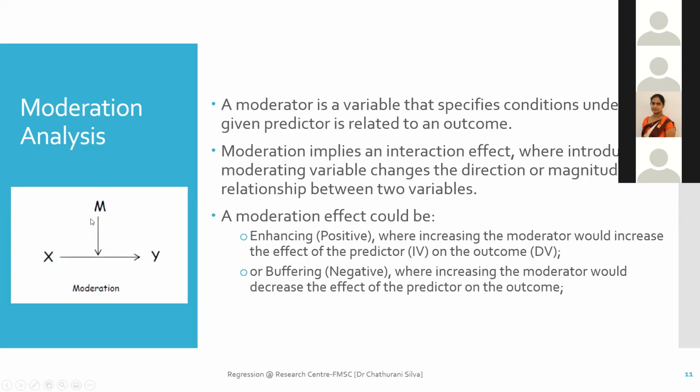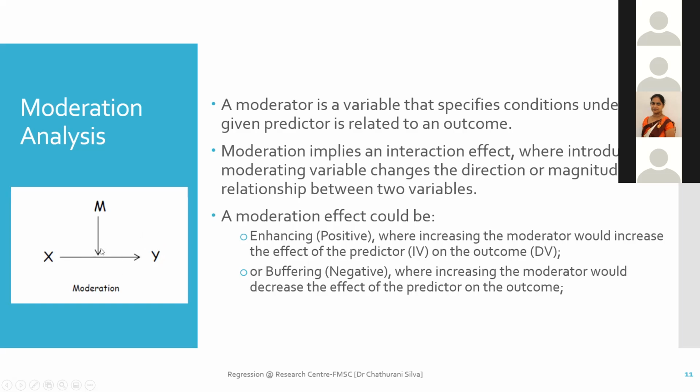Let's say when you are getting higher income, the training has more effect on performance, right? You got a positive moderating effect, which means when people are getting more income, their training program will increase their performance better than low income groups, right?